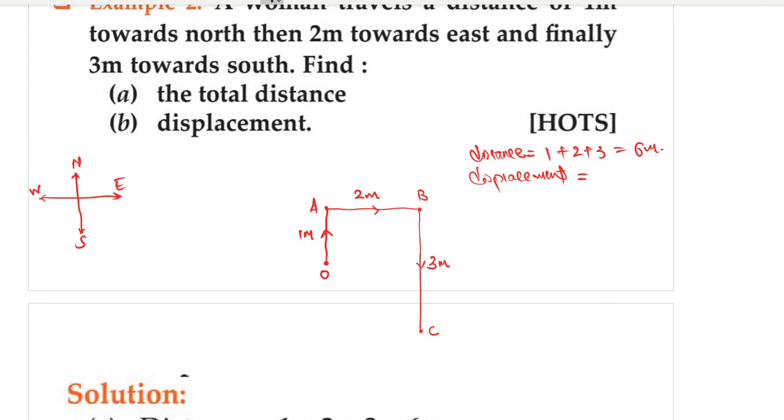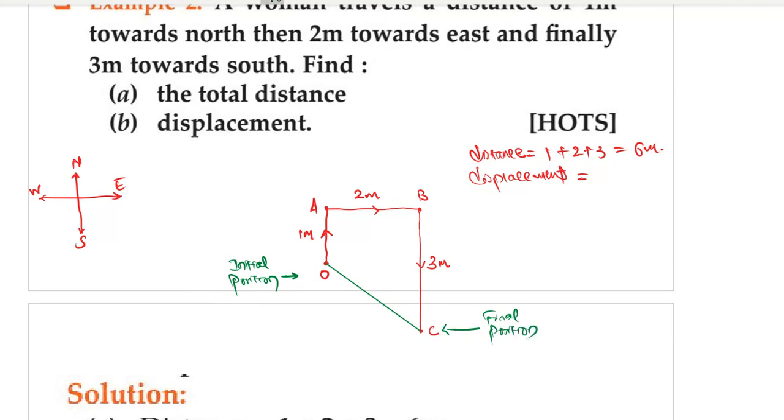I'm just going to use another color. So if I draw a straight line from O to C, this is the initial position, and this is the final position.